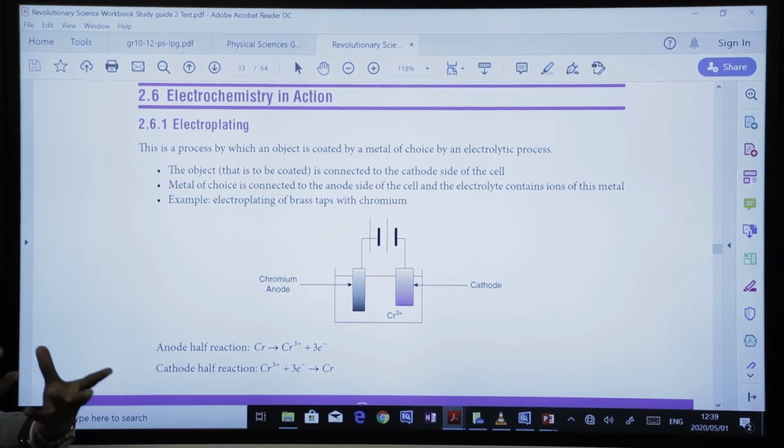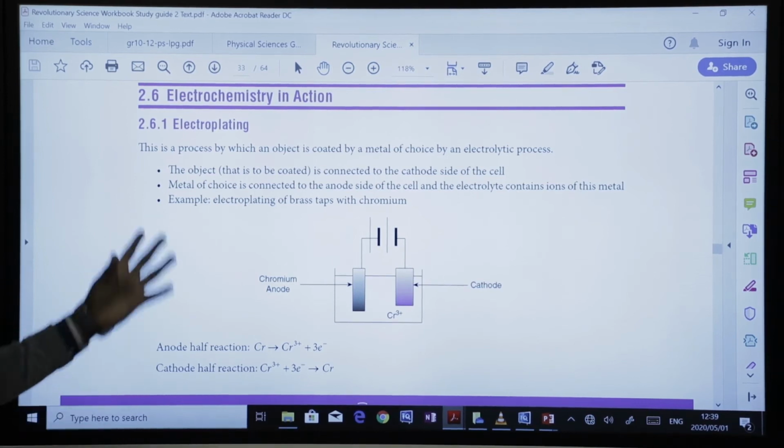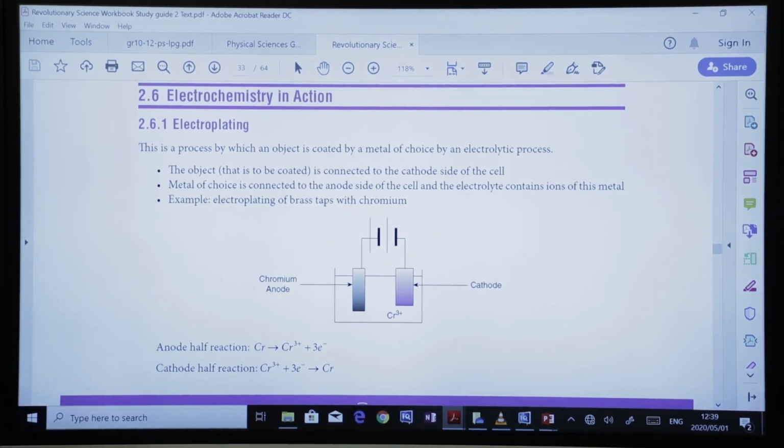Why they look silver the way they are is because they have been electroplated during an electrolysis process where silver was deposited on top of iron or cast iron so that you protect it against oxidation or rusting. So let's see how electrolysis comes to play during electroplating.